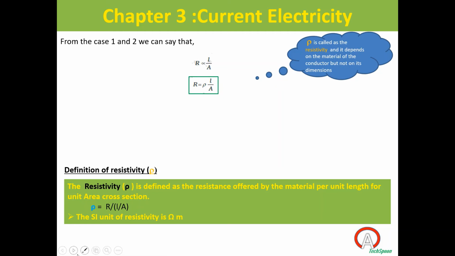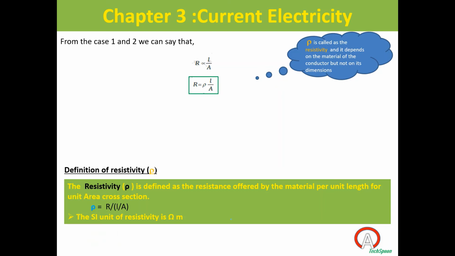We already derived 1 ohm from the equation. Similarly, can anybody tell how this SI unit ohm meter comes? Always the unit we need to find out from the equation only. So tell me how this ohm meter comes from this equation.